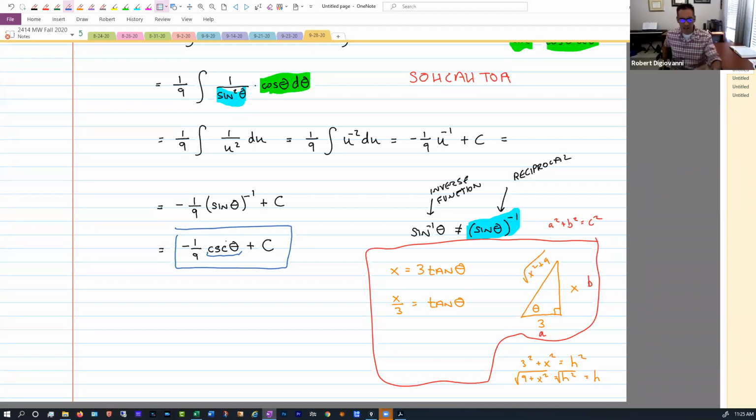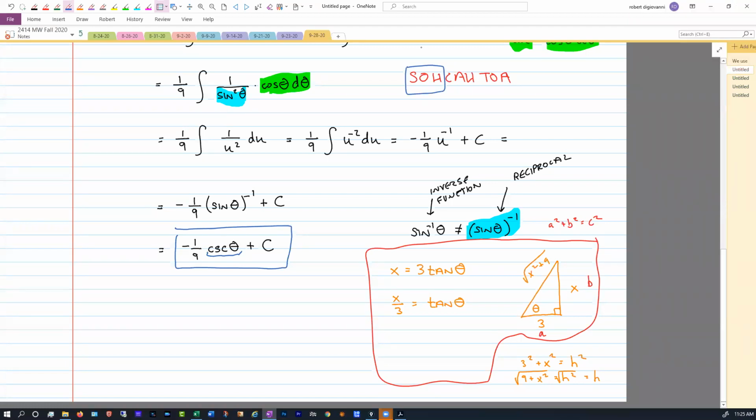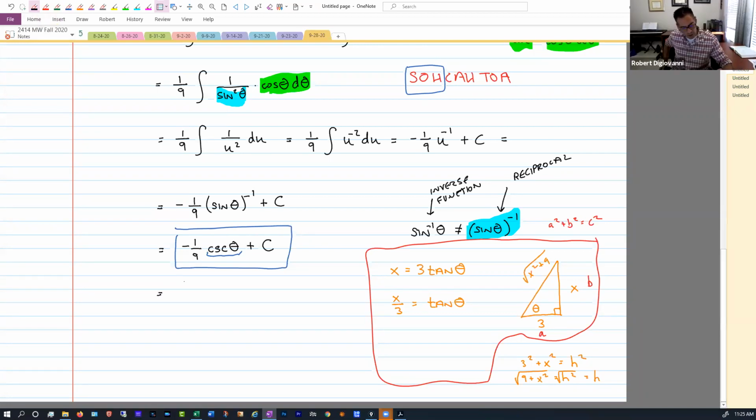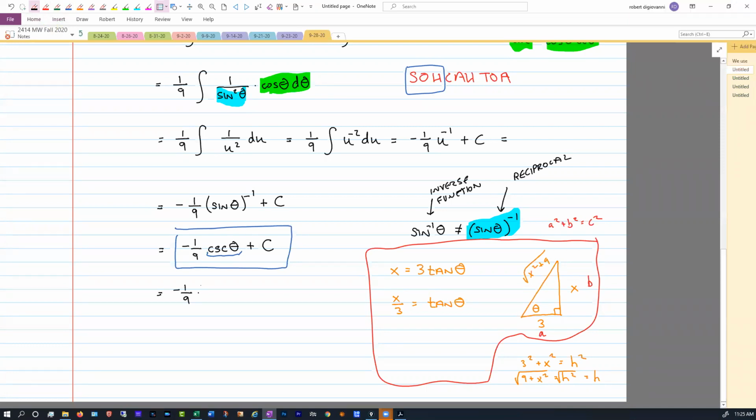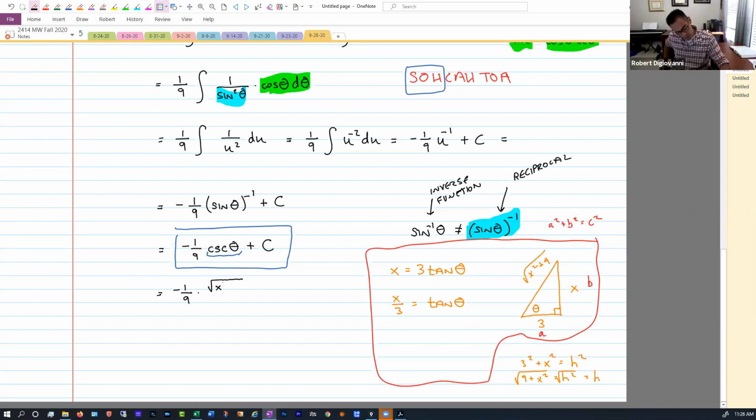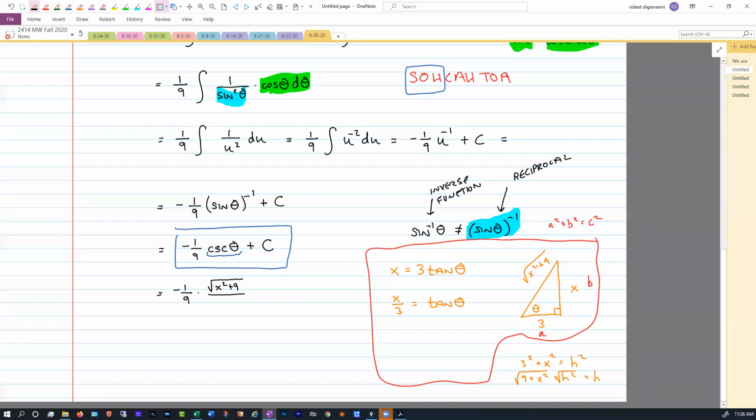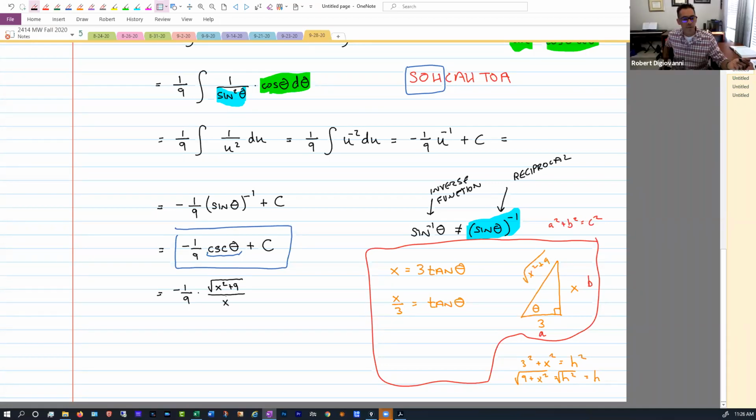The sine is opposite over hypotenuse, so it would be hypotenuse over opposite. Okay, good. So you tell me what that is. What's the hypotenuse? The square root of x squared plus 9, over x. Over x, and that's it. That is what cosecant theta is, and then plus C.